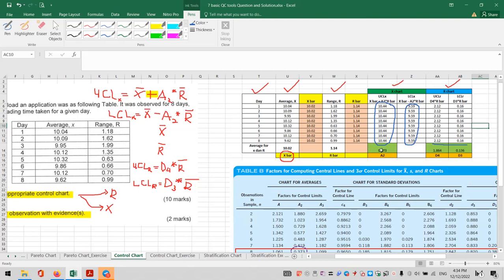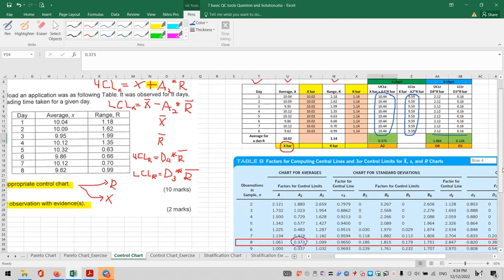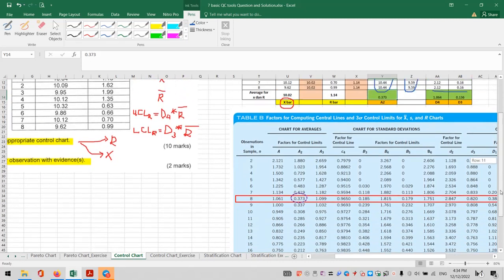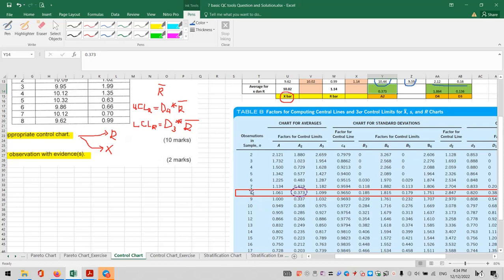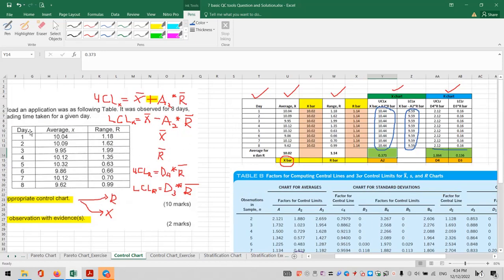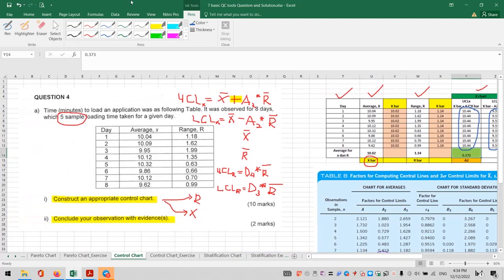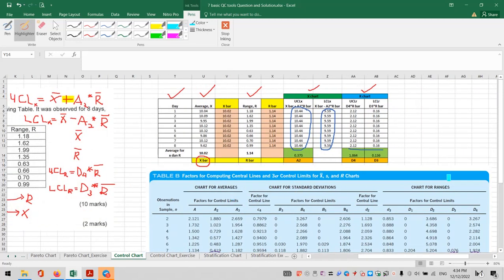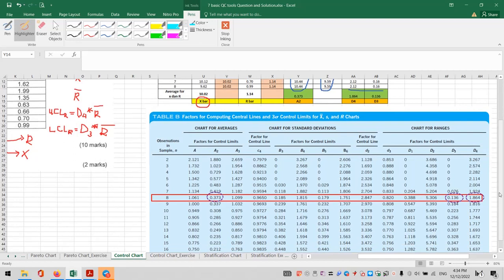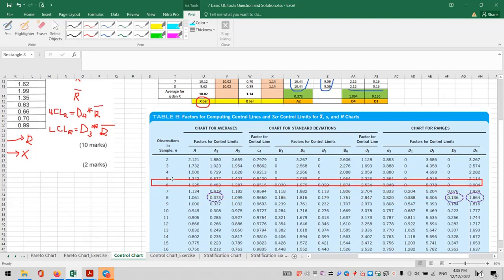Actually, this value is, I think, wrong, because the number of samples is not 8. The 8 here is referring to the number of days. So the number of samples here should be 5, N equal to 5. So we need to make some correction here.